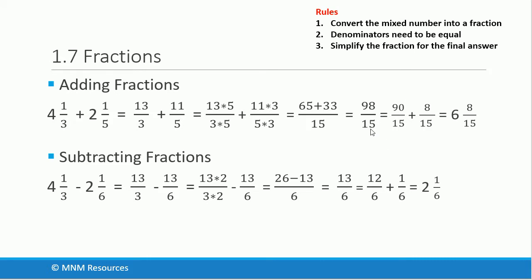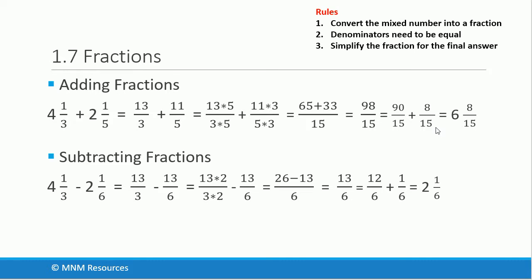So 98 by 15 is in fact 90 divided by 15 plus 8 divided by 15. So we know that 90 divided by 15 is 6 and 8 divided by 15 is the fraction component. So you have the whole number 6 and you have the fraction 8 divided by 15, and this will be your final answer.